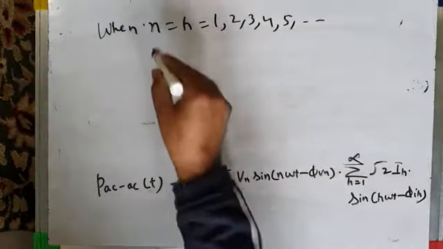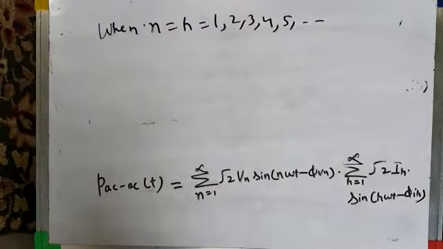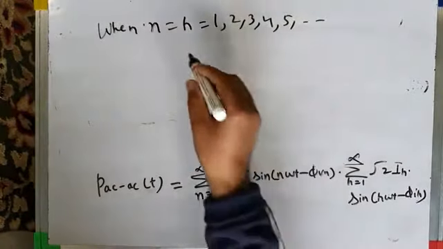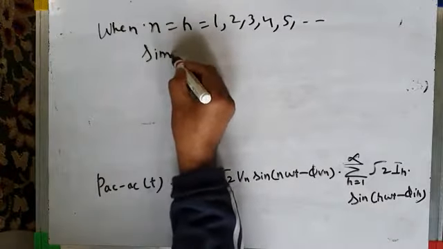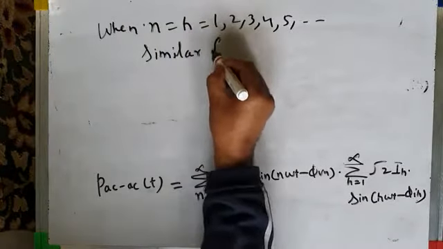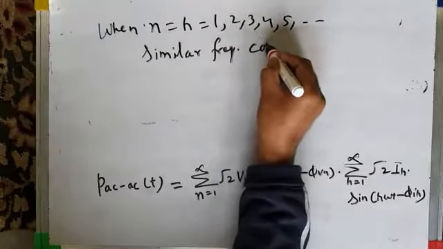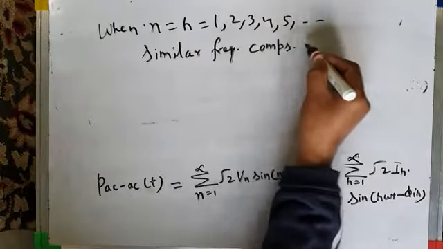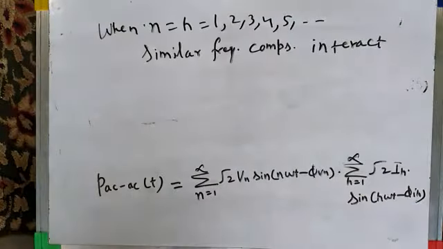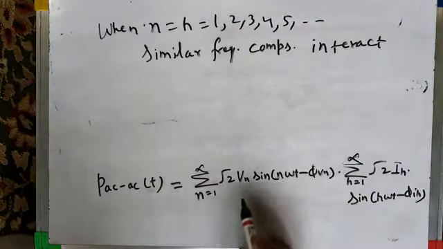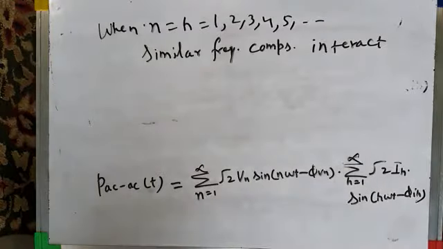When this is the case, that is n is equal to h, there is interaction between similar frequency components. Then we will write here that similar frequency components of instantaneous voltage and current interact, and they give rise to instantaneous power, which is because of the interaction of similar frequency terms of voltage and current.